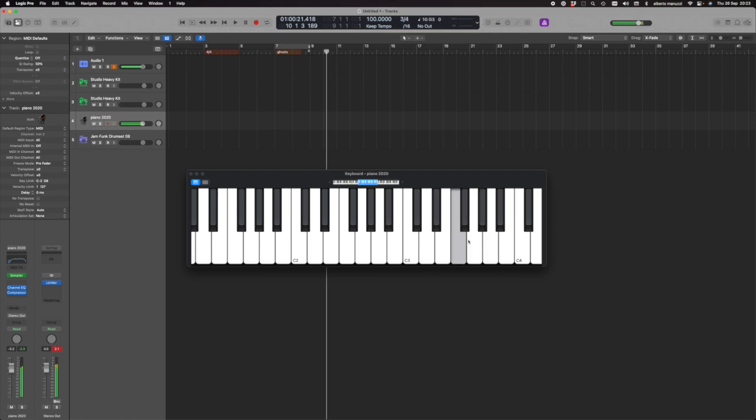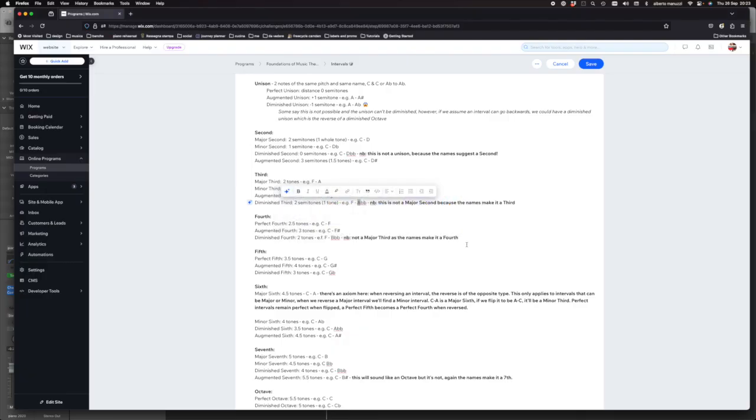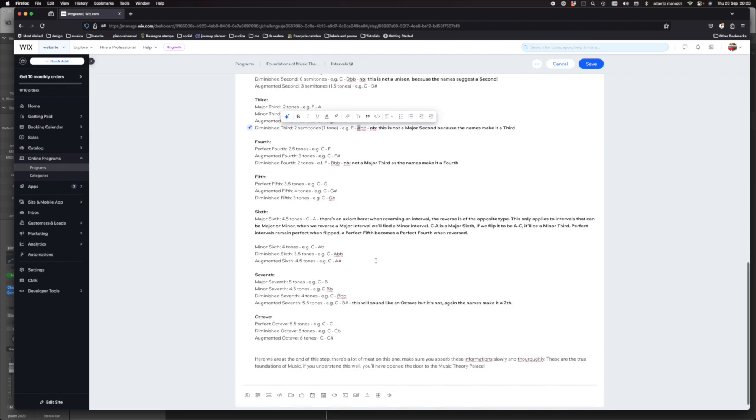So from F it is a tone, 2 semitones, but we call it F to A double flat. Okay, a diminished third, and so on and so forth.